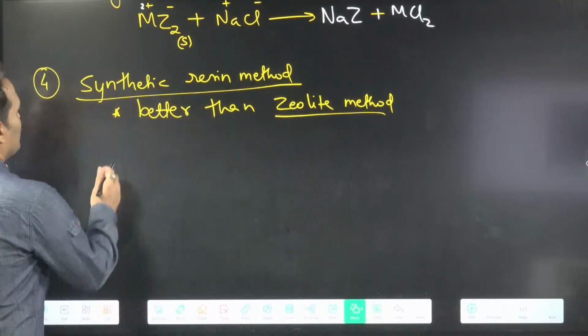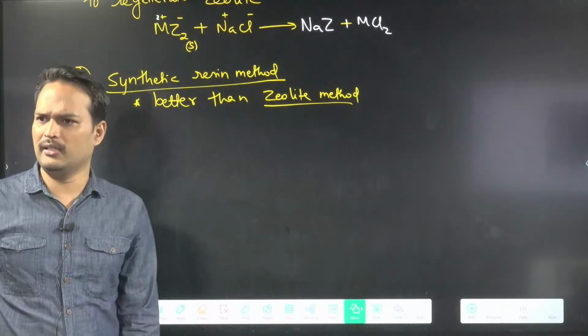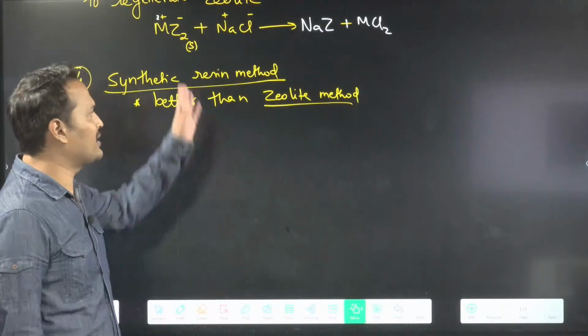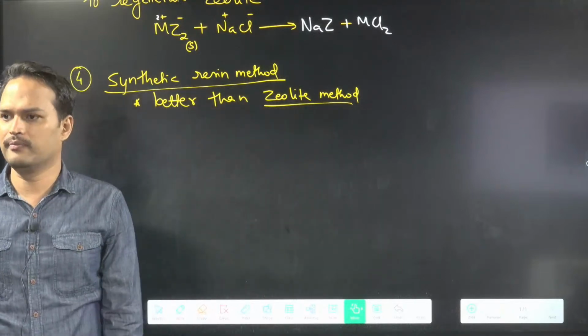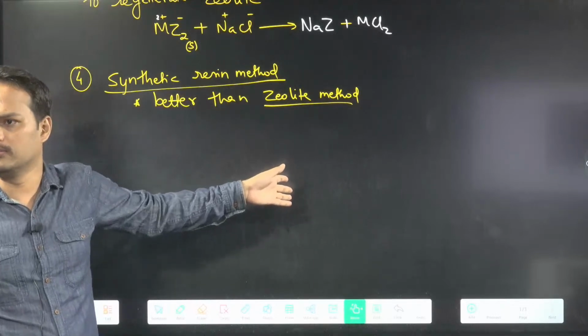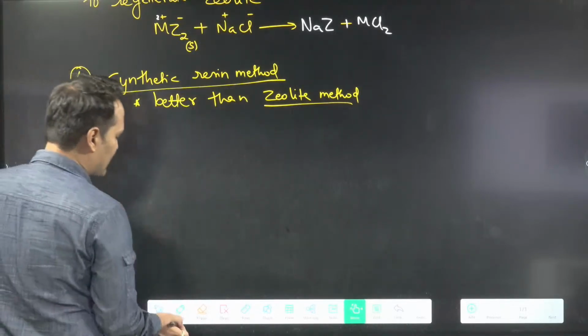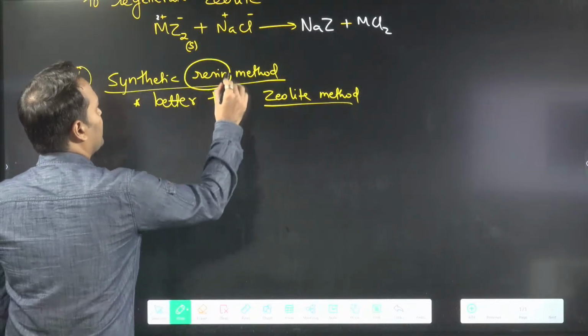So come to this point, synthetic resin method. Again you have to do the same thing. Now you are doing the same thing with your different friend. This was, suppose, Rahul, I am doing with Abhishek now. So same method. First of all, they will ask you, what is resin?